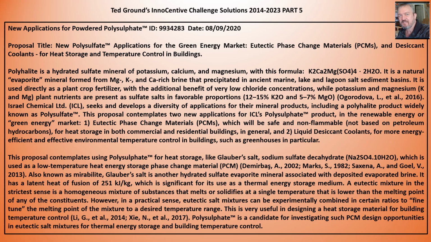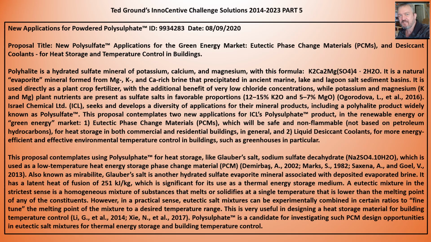Polyhalite is a hydrated sulfate mineral that consists of potassium, calcium, magnesium, and it is a natural evaporite mineral formed from mineral-rich brines that precipitate in ancient marine, lake, and lagoon salt sediment basins, such as the Dead Sea area.